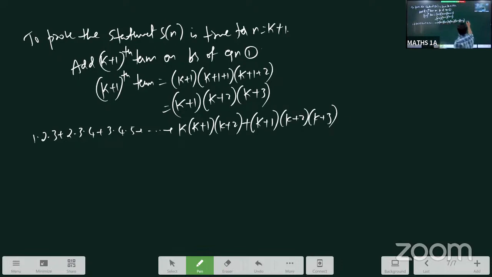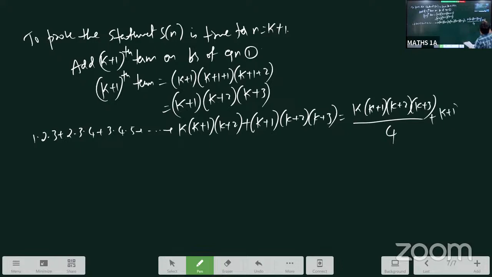That is equal to k into k plus 1, k plus 2, k plus 3 divided by 4, plus k plus 1, k plus 2 and k plus 3. Add this term on both sides of equation 1.